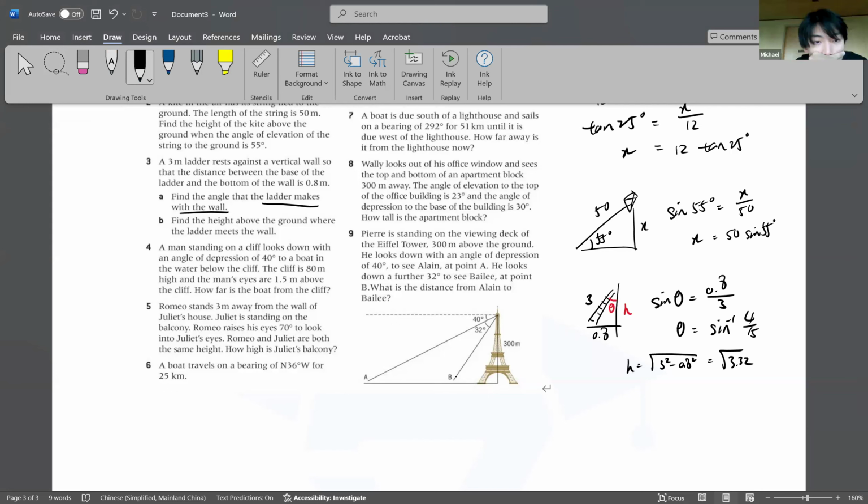Huh. Is that not it? I'm still thinking. So we've got a cliff, and then this is 81.5. Yes.